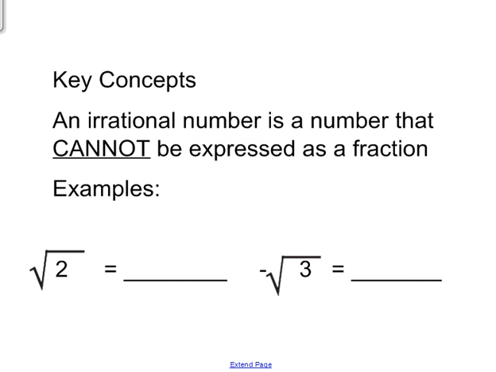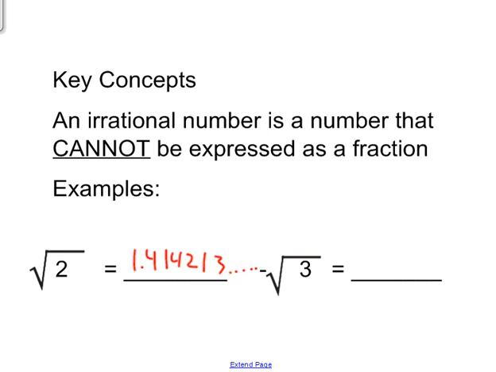Key concepts. An irrational number is a number that cannot be expressed as a fraction. Some examples would be the square root of 2. If you go to your calculator and find the square root of 2, you see that it comes out as 1.414213, and so on, so on, so on.